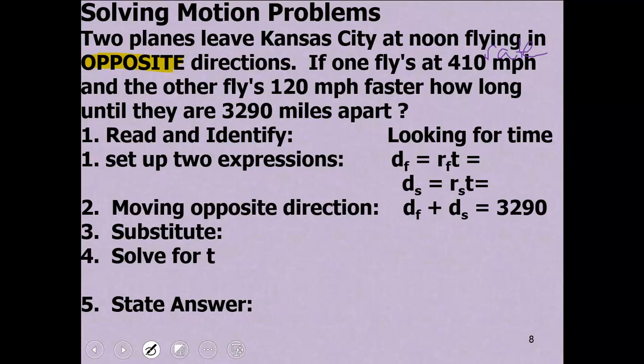If one flies at 410 miles per hour and the other flies 120 miles per hour faster, then how long until they are 3,290 miles apart? Okay? So, how do we define this one here, the faster one?